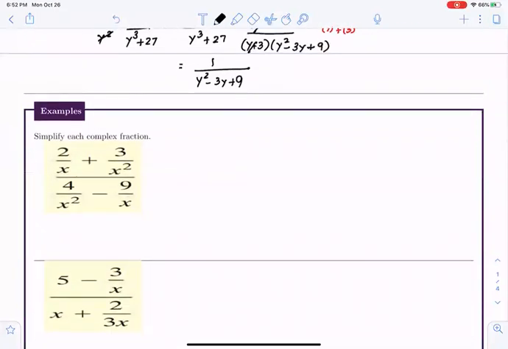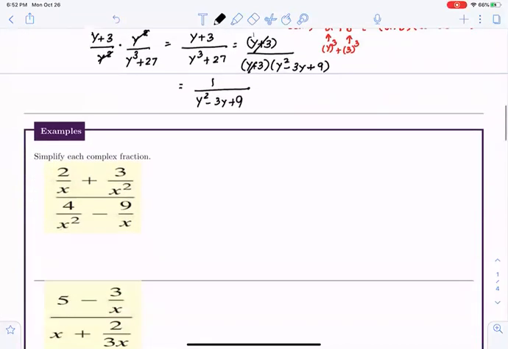So the numerator, we have 2 over x plus 3 over x squared, and the LCD between x and x squared is x squared. So I multiply and divide by x.